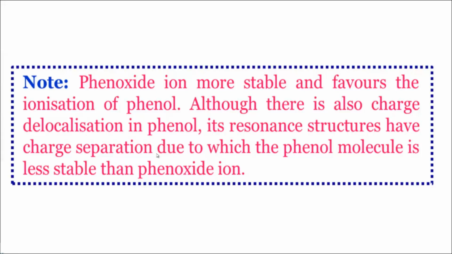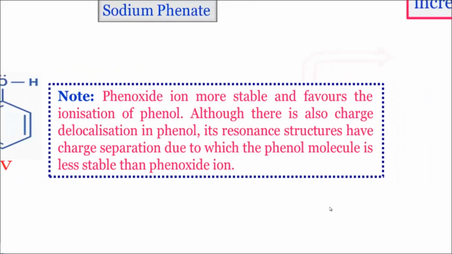Its resonance structures have charge separation, due to which the phenol molecule is less stable than the phenoxide ion. So the point to remember here is, despite phenol also experiencing delocalization, its resonance structures have charge separation. As a result, the phenol molecule is less stable than the phenoxide ion.